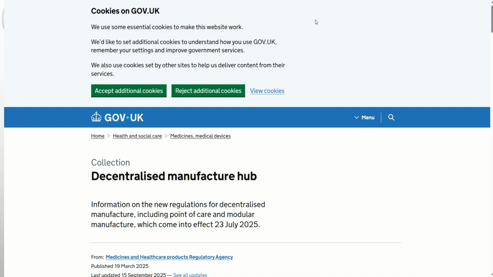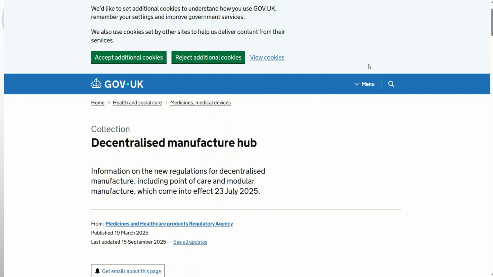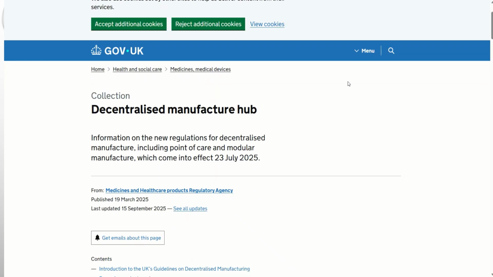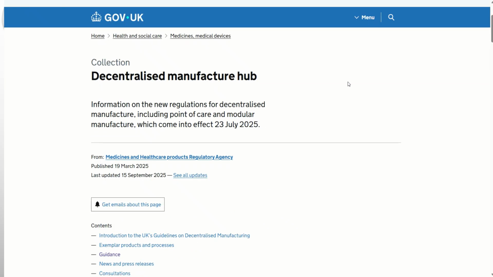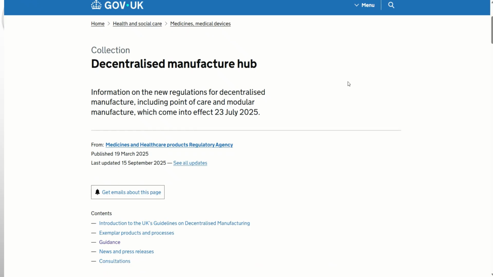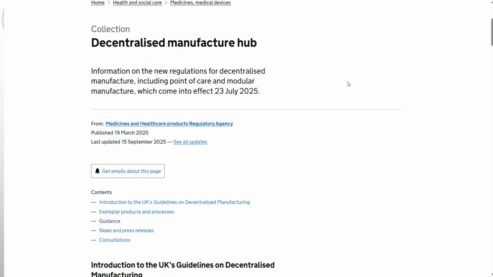Right, I just want to go to the MHRA website on the Decentralized Manufacture Hub. It gives comprehensive information on the documentation, the application process, and the legal basis for this approach with regards to decentralized manufacture.